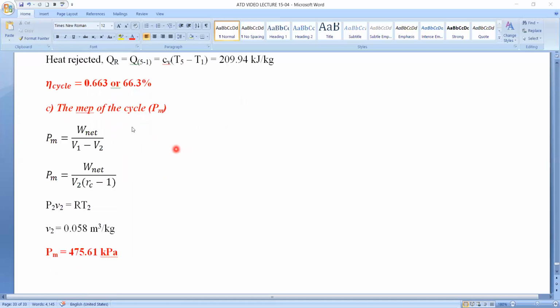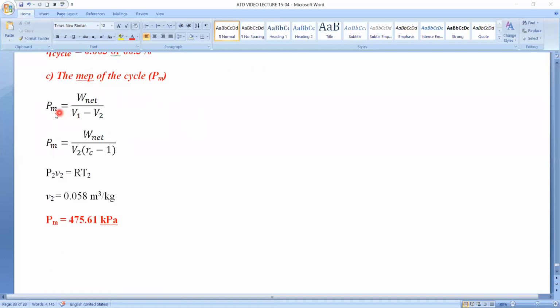The last bit of the problem is to calculate the mean effective pressure of the cycle. The mean effective pressure is given by W net divided by the swept volume or stroke volume. The PM, mean effective pressure, as I said in the last class also, is W net divided by swept volume.